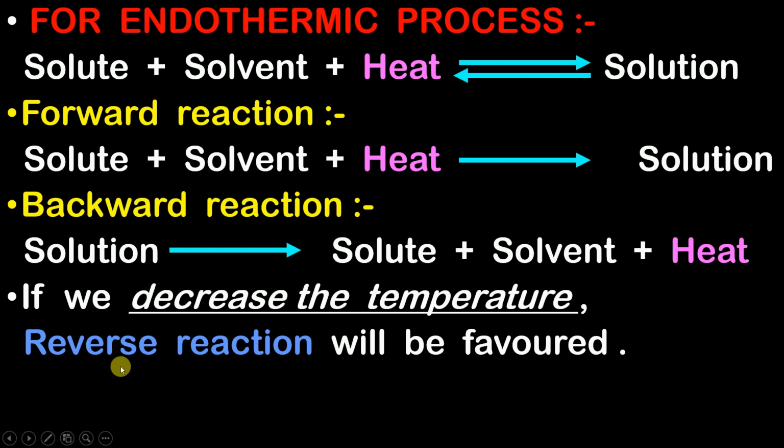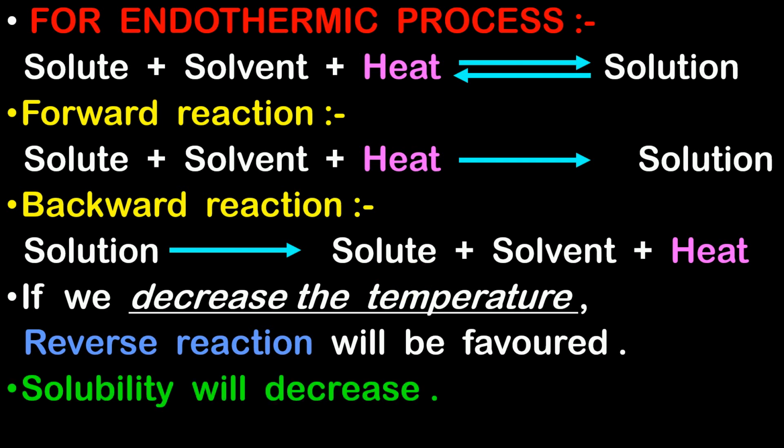So the backward reaction will be favored, and since the backward reaction is the crystallization reaction we have seen just now, in which we get back the solute, the dissolution is going to decrease, and hence the solubility will also decrease. Clear with this? Now we have understood what is going to happen for an endothermic process.